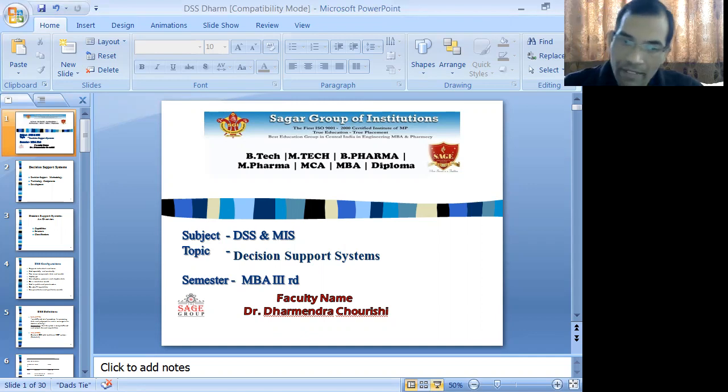where DSS would be unstructured, where information or data will be engineered or calculated on the basis of some conditions. You can use a formula, theorems, or an algorithm for a particular result.